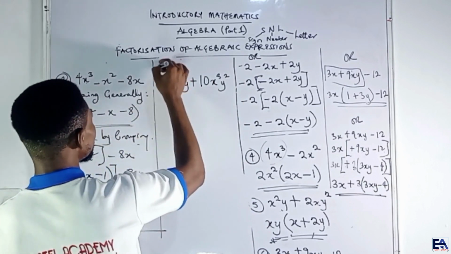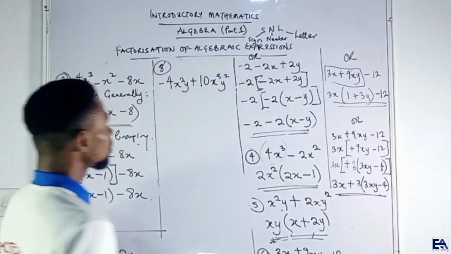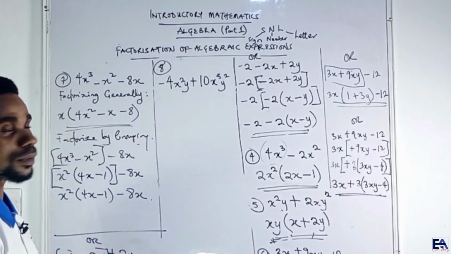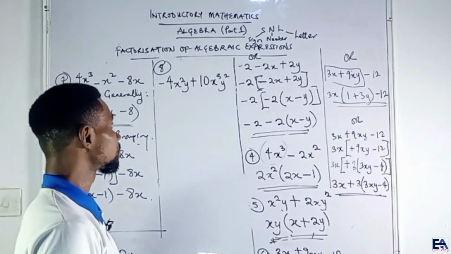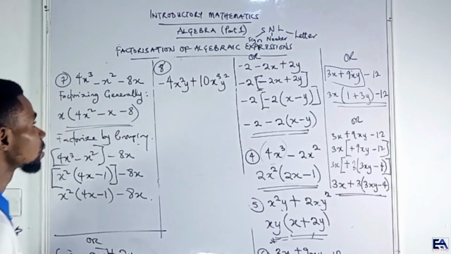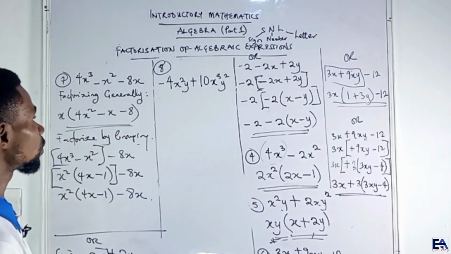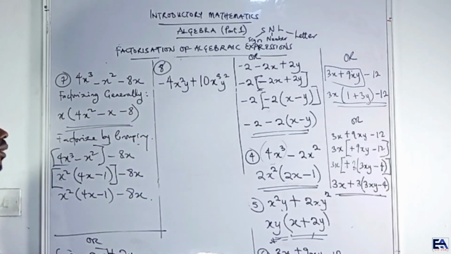Let's just make this example 8, just a bonus example. I want to stress a point here. That's why I created this. If you have something like this and you're meant to factorize it, how do you go about it?